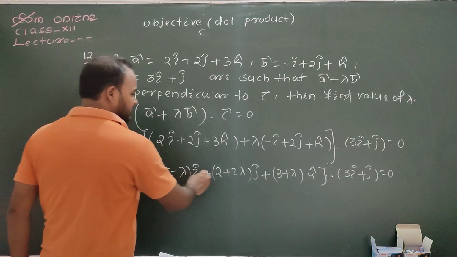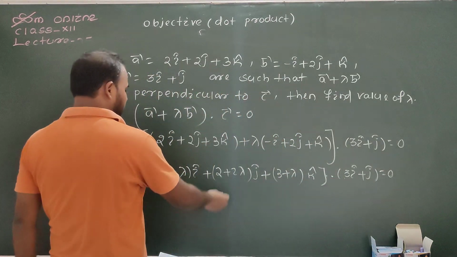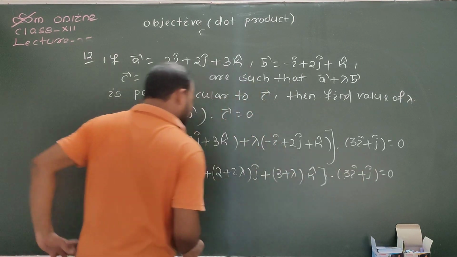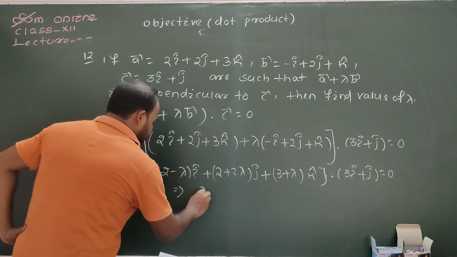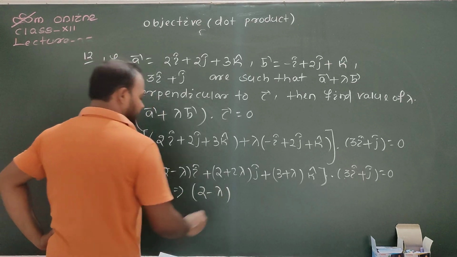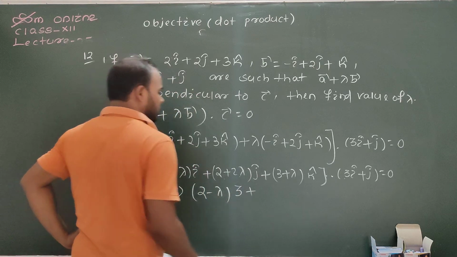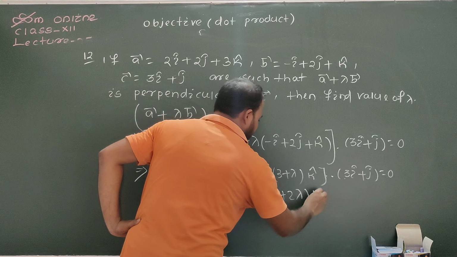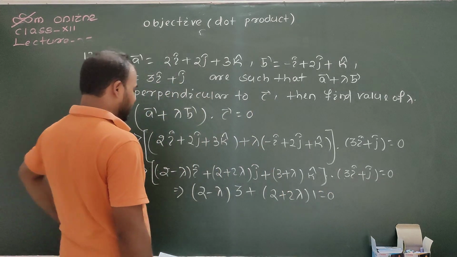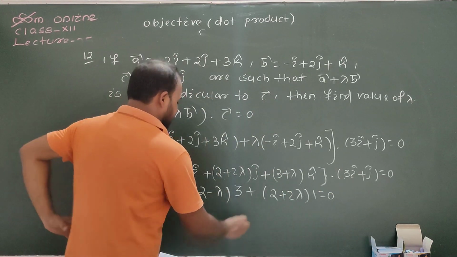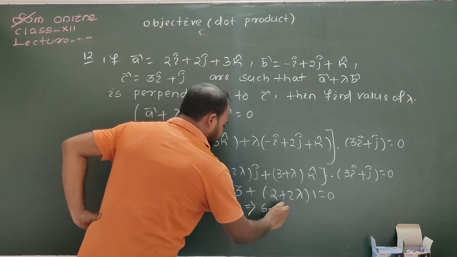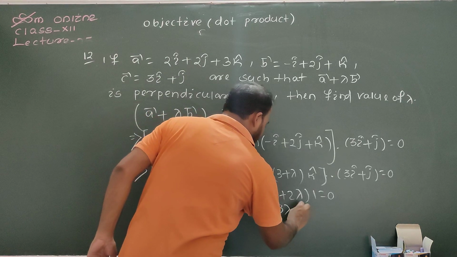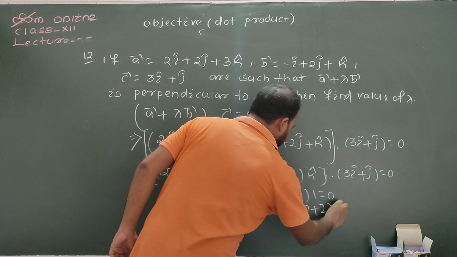Now 2 minus lambda into 3, plus 2 plus 2 lambda into 1, and there is no k cap, so it's 0. This implies 2 minus lambda into 3 plus 2 plus 2 lambda into 1 equal to 0, and we get 6 minus 3 lambda plus 2 plus 2 lambda equal to 0.